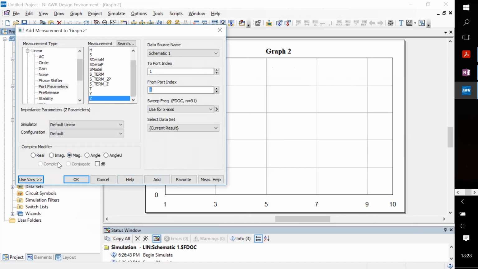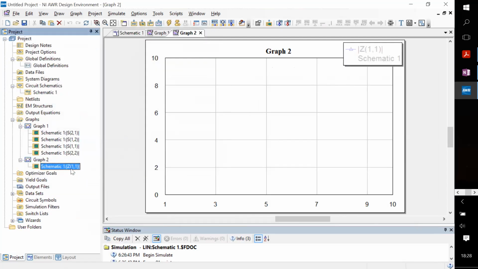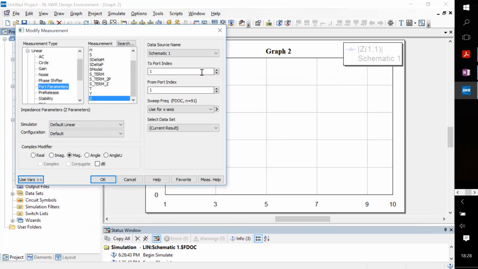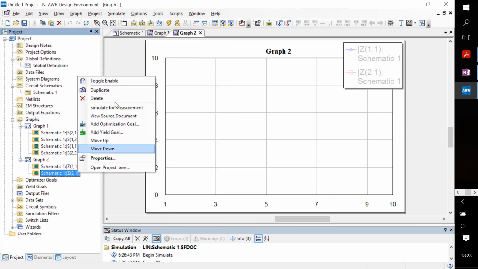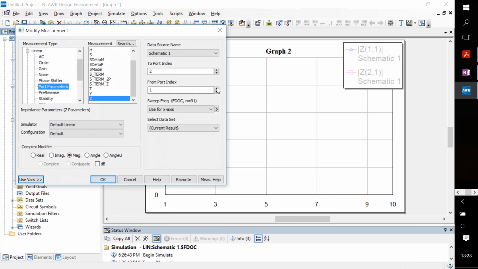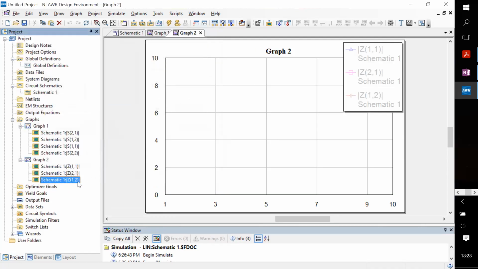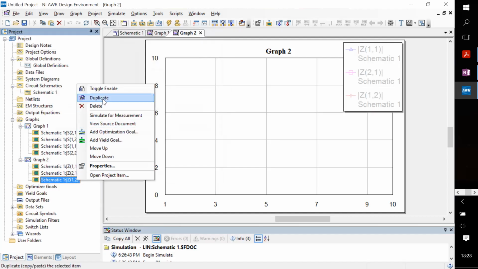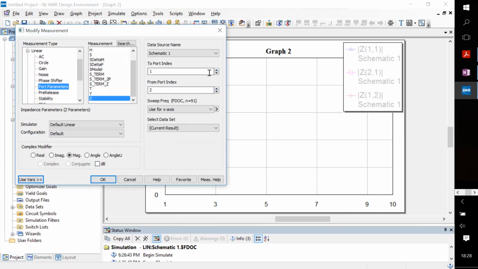Anyway, everything is real, so magnitude or real will be the same. We add that, and then we add Z21, and Z12, Z22.